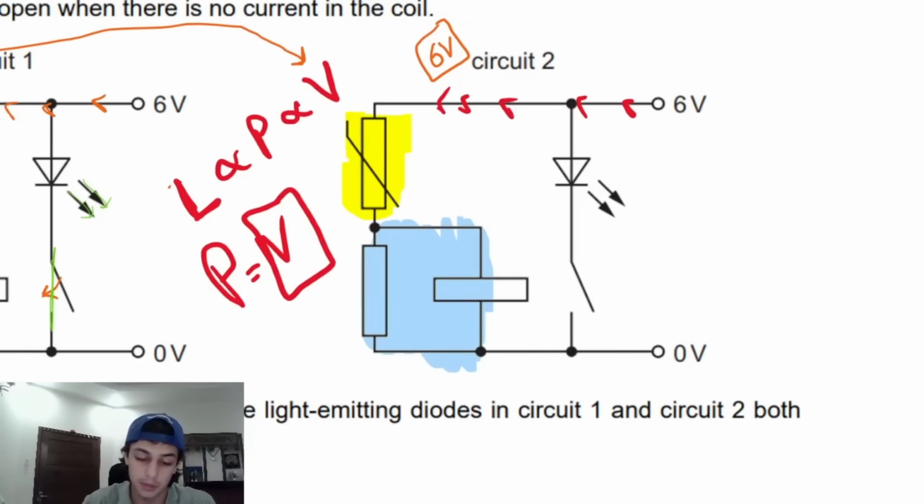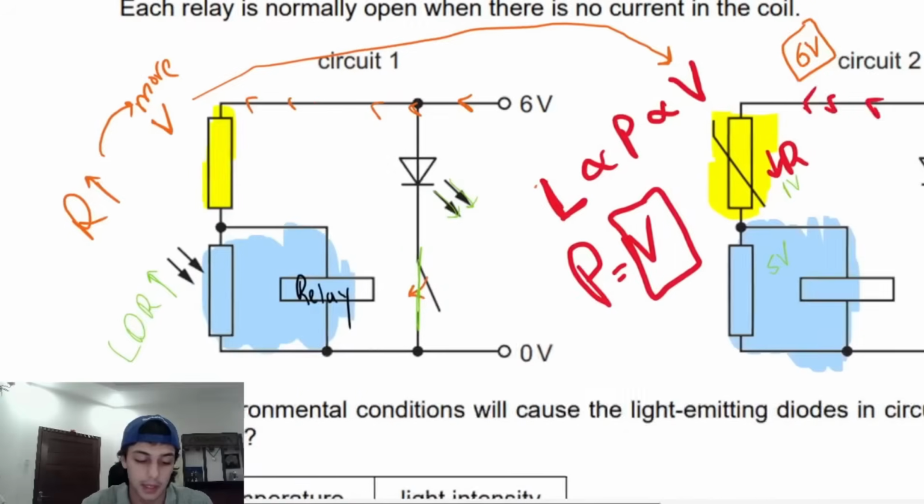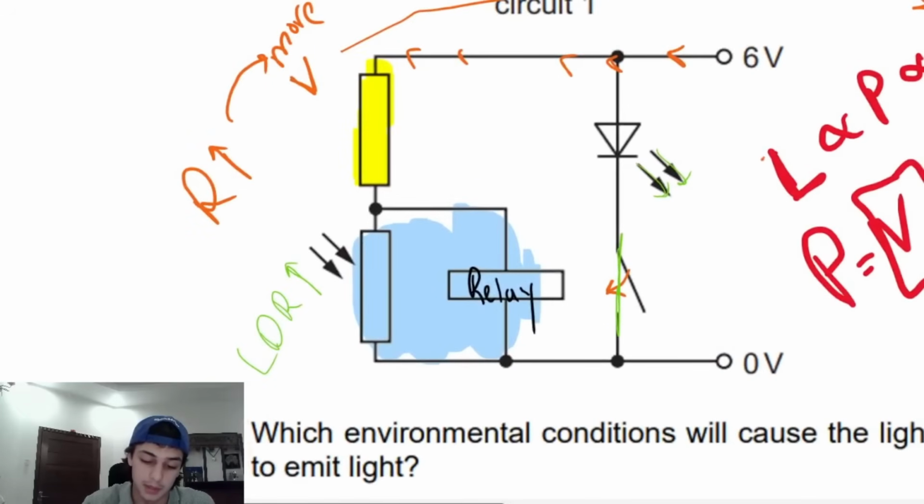For that to happen, we need to make sure that the thermistor has the lowest resistance, because the lower the resistance, the lower the voltage, which means the other resistor is going to get more voltage, because in some way it has to balance out. I know this might be a bit hard to understand, but if this has lower resistance, maybe from the 6 this gets 1 volt and this gets 5, because it has to be distributed. Likewise, over here maybe this part gets 1 volt and this part gets 5 volts.